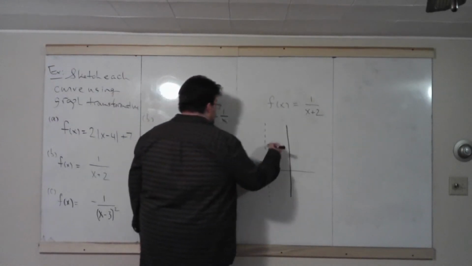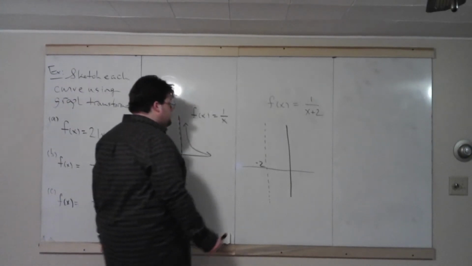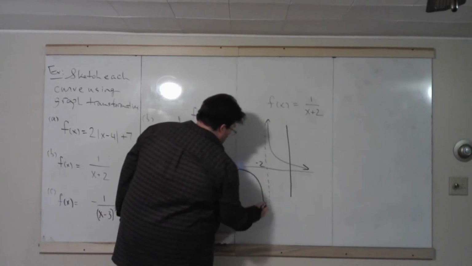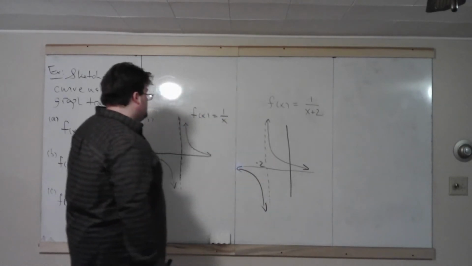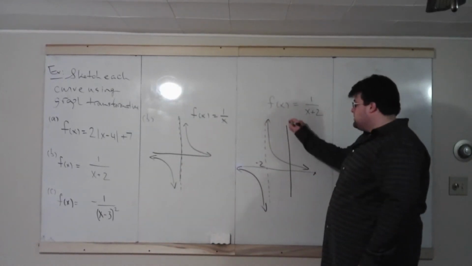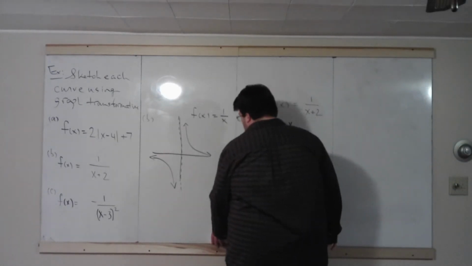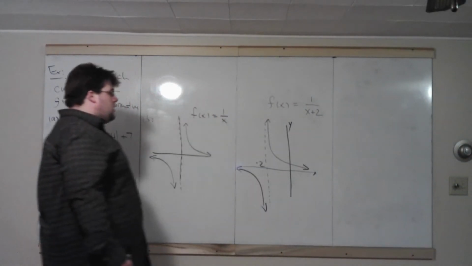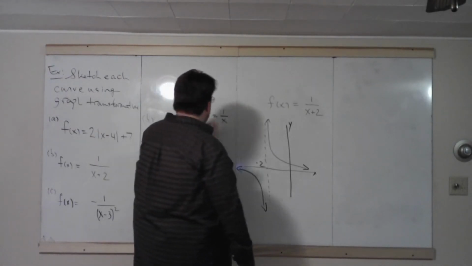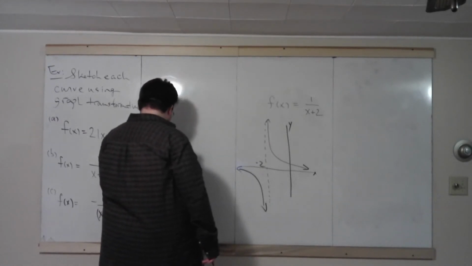This asymptote is shifting over, so the rest of the function shifts over as well. And here, maybe I will label, there's our x-axis, there's our y-axis. So here, this positive 2 acting on the x caused a leftward shift.